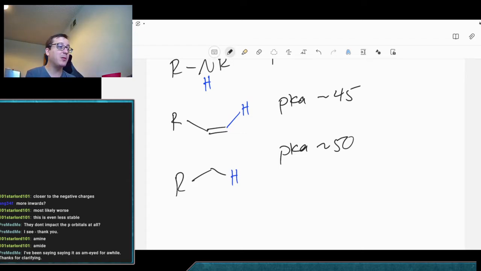So a CH bond is very unlikely to be broken as is. A normal sp3 hybridized carbon-hydrogen bond is a very strong bond. We're not going to be breaking that very easily.